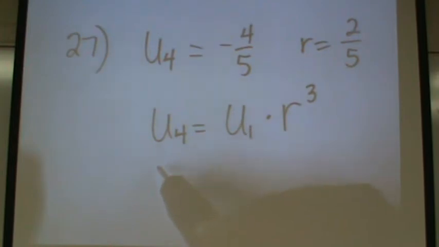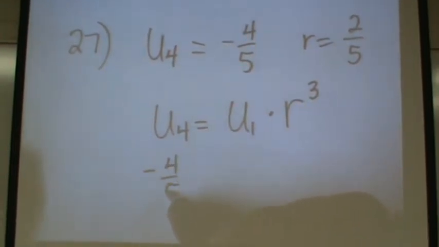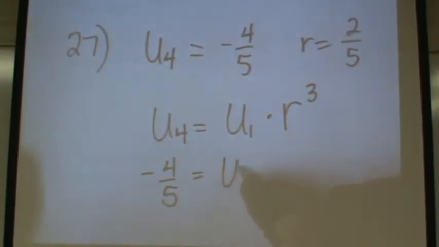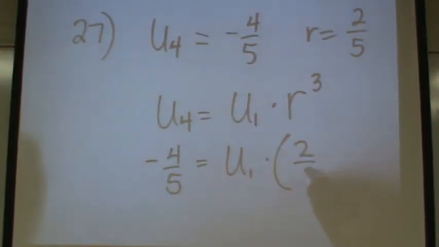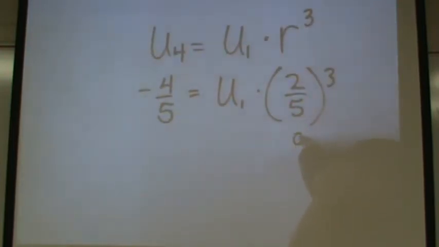Well, the fourth term is negative 4/5. We don't know the first term, this is our unknown, and our r value is 2/5. We're going to cube that, and 2/5 cubed is 8/125.